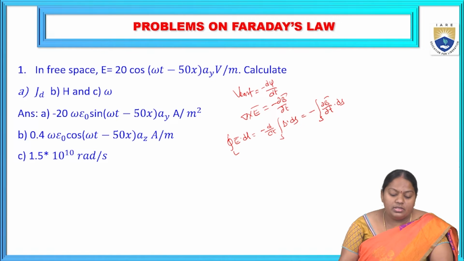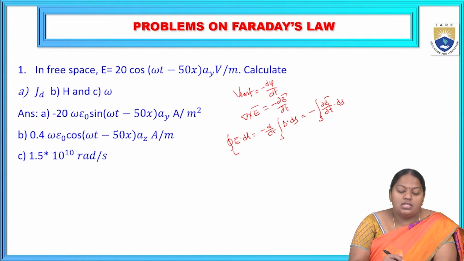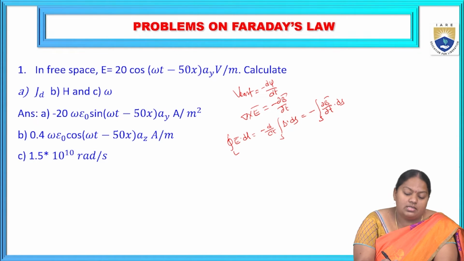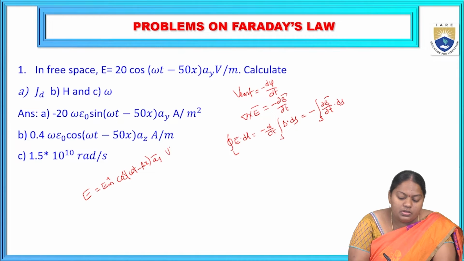The first problem is on Faraday's law. In free space, E equal to 20 cos omega t minus beta x in the ay direction, volts per meter.